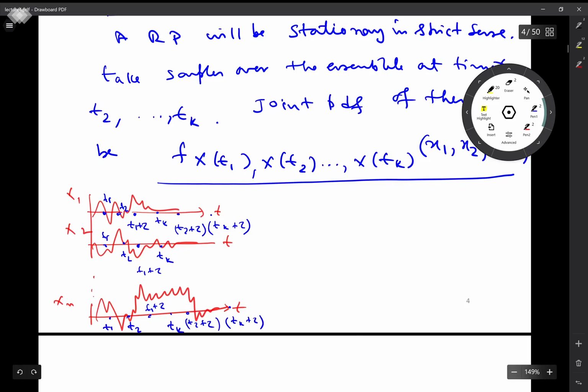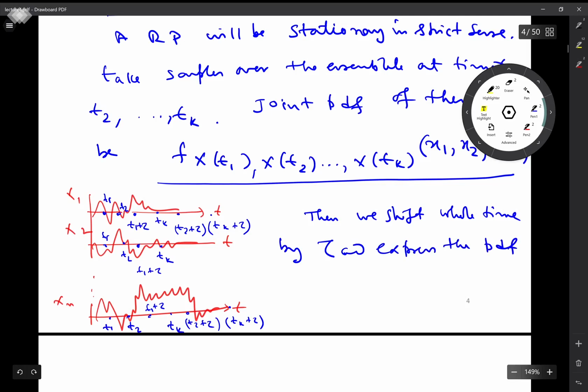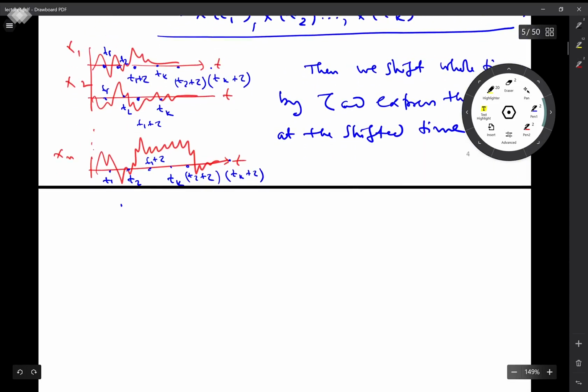And then we calculate the joint distribution again. So we shift the whole time by tau, and express the PDF at the shifted time. So what will the PDF be?